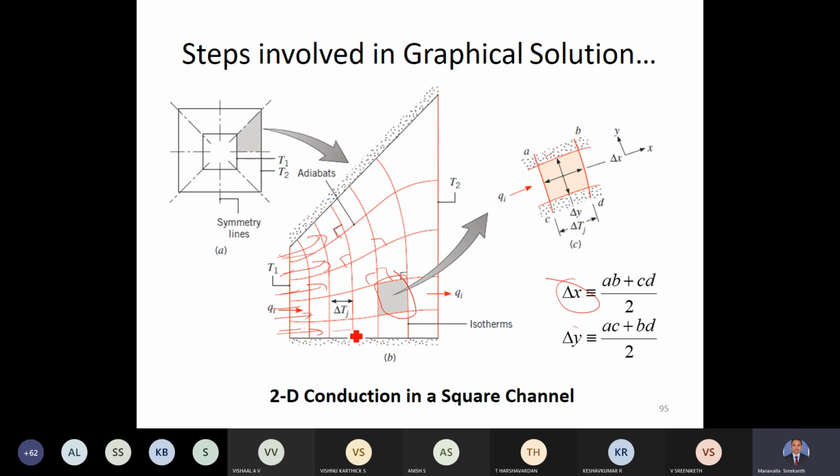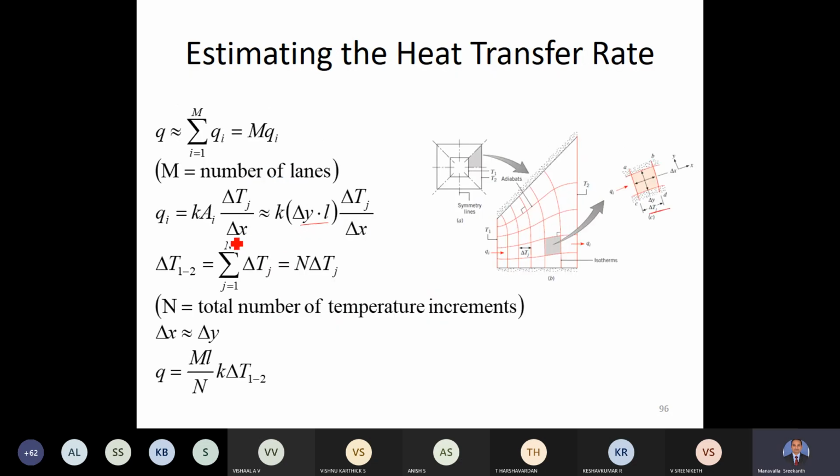If you break it into these small segments, the total temperature difference will be the sum of each of these temperature segments. We do that breakup, and delta T1 to 2 is equal to sigma j equal to 1 to n delta Tj. So we are actually adding the temperature differences in each of the segments and summing up from 1 to n.